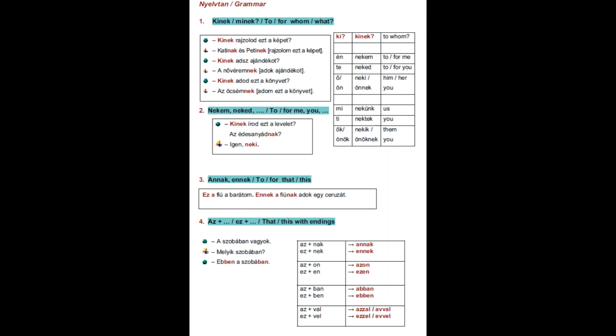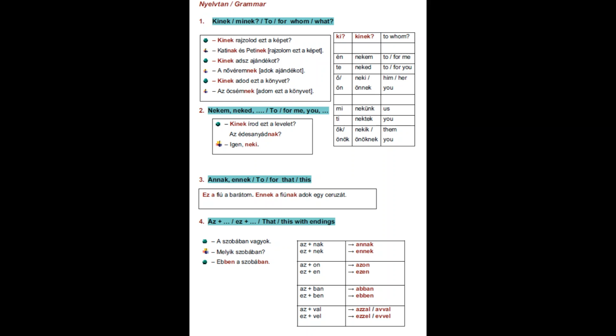Kinek. Okay, so minek is very similar, but mi. What is mi? Mi is what? So if you say minek, you're saying for what? Why? Right? So minek is why.